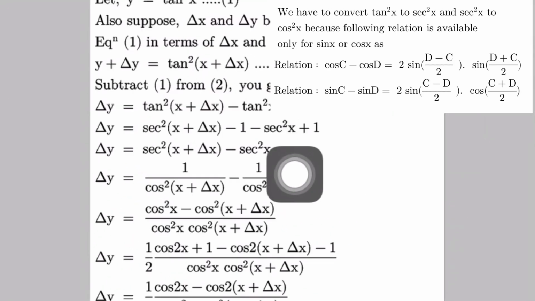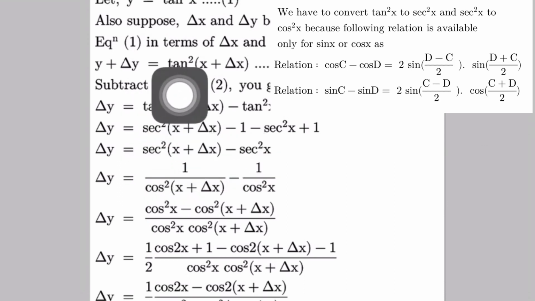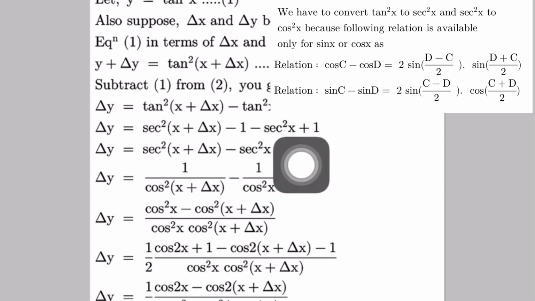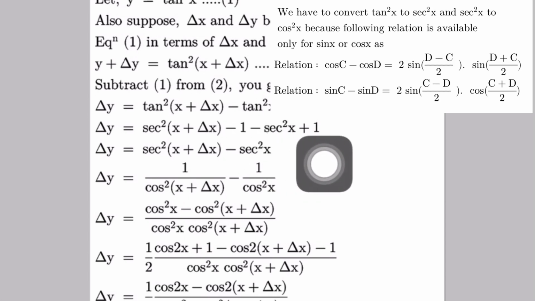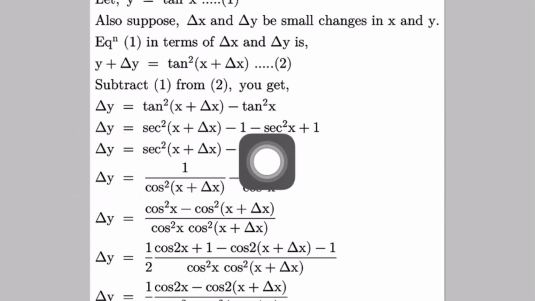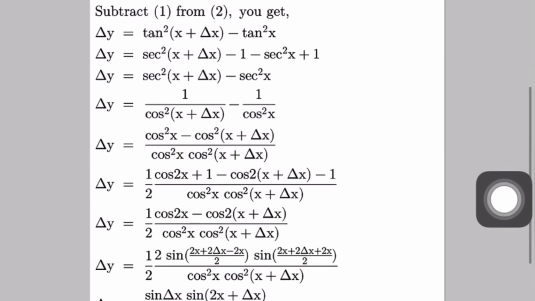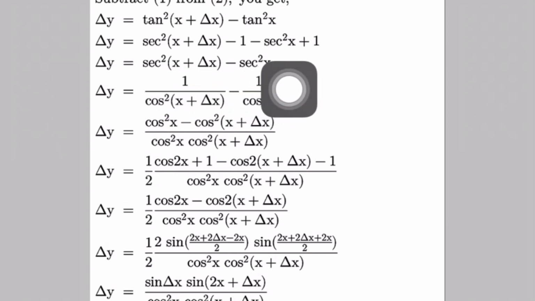So we use this relation here, and use sec square of (x plus del x) minus 1 in place of tan square of (x plus del x), and you use sec square x minus 1 in place of tan square x, and this minus makes plus here. So you are left with del y is equal to sec square of (x plus del x) minus 1 minus sec square x plus 1, and 1 cancels out here, and we are left with del y is equal to sec square of (x plus del x) minus sec square x.